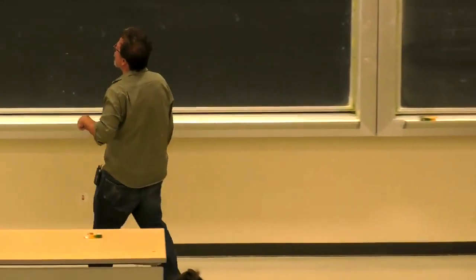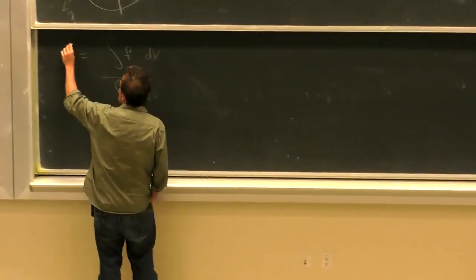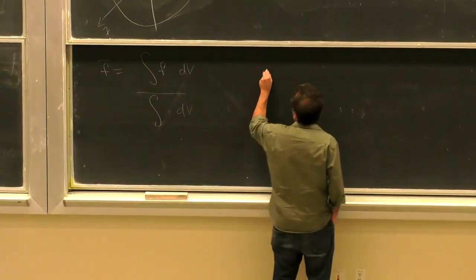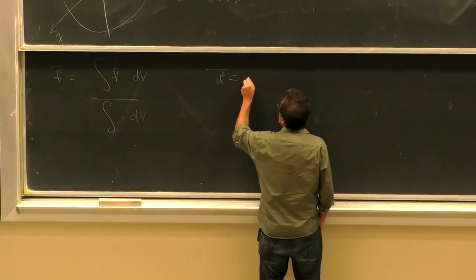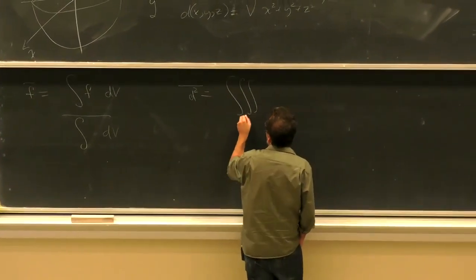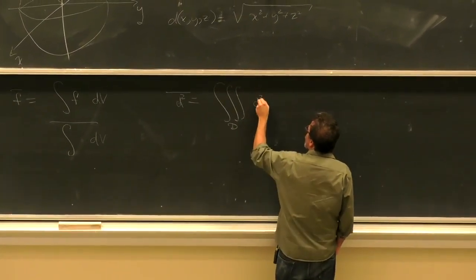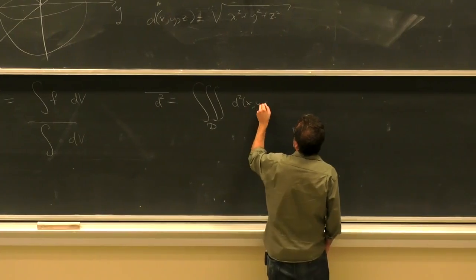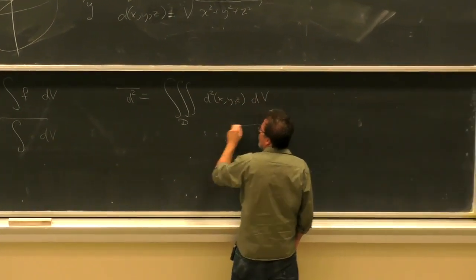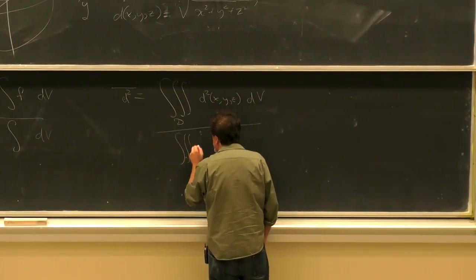So the function that I wish to average is d squared. The average of d squared is simply equal to the triple integral over the domain of d squared of x, y, z, integrated with respect to the volume, divided by the total volume.